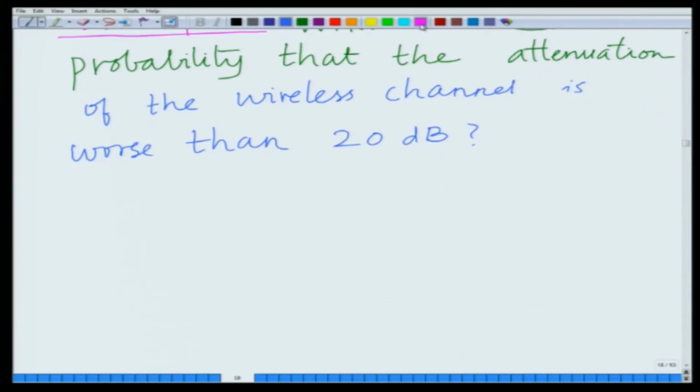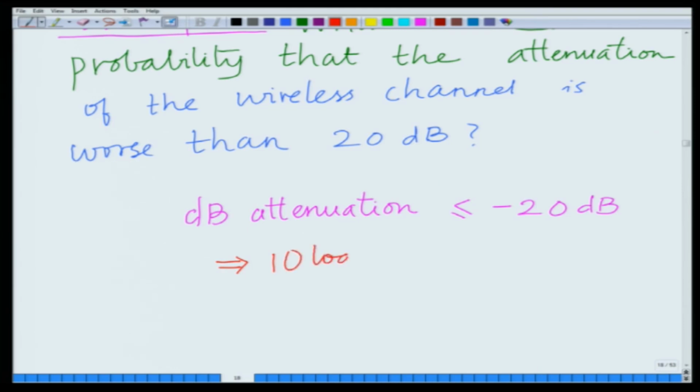Since the attenuation is 20 dB, the dB attenuation has to be less than, or the power gain has to be less than or equal to minus 20 dB, which implies 10 log 10 of G is less than or equal to minus 20 dB.